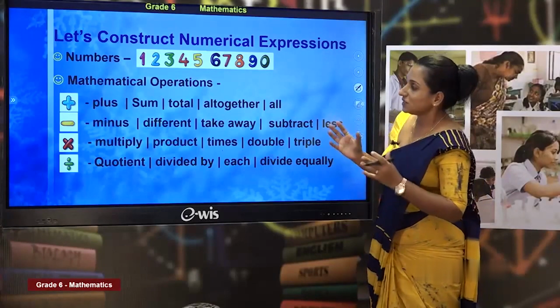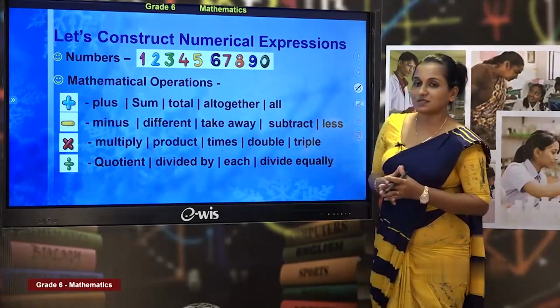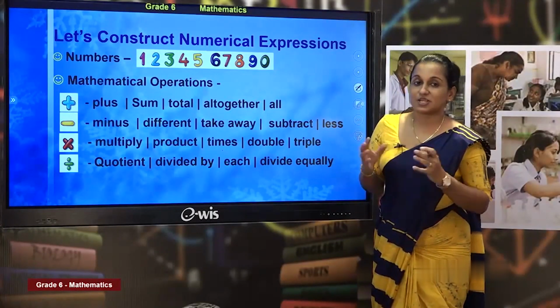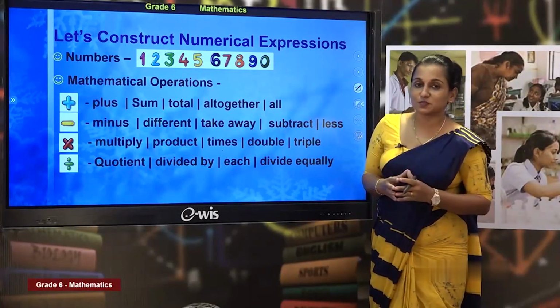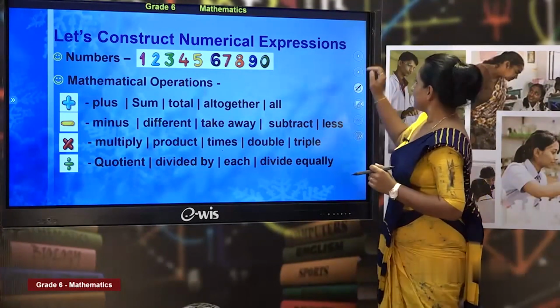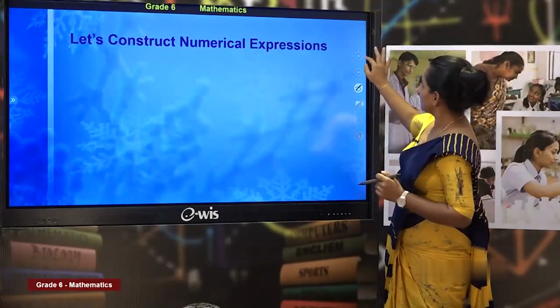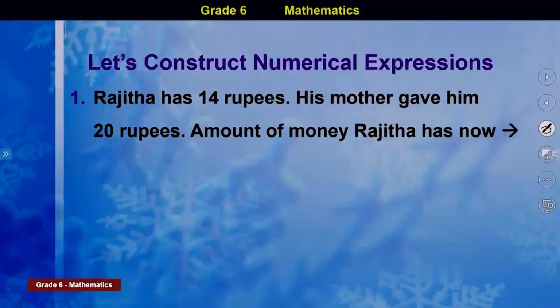Okay, now using these numbers and mathematical operations, shall we construct some numerical expressions? Here is my first example. Rajitha has 14 rupees. His mother gave him 20 rupees.